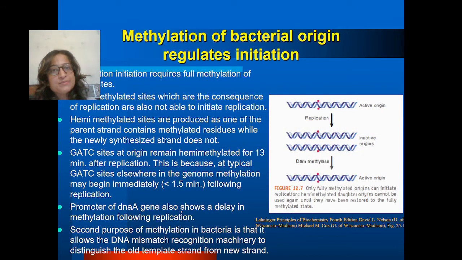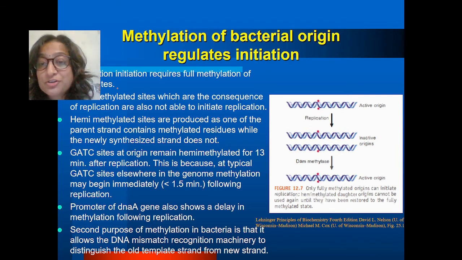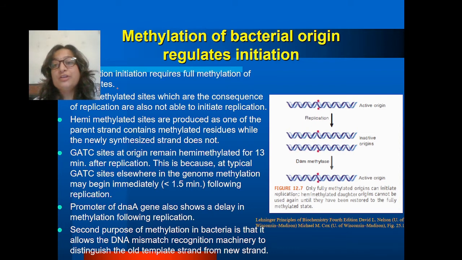And then how does this methylation regulate? Let us understand this. Replication initiation requires full methylation of target sites. The condition here is that until and unless there is full methylation of all the target sites in the ori, the replication will not initiate. If you look at the figure on the right side, this is a parent DNA.